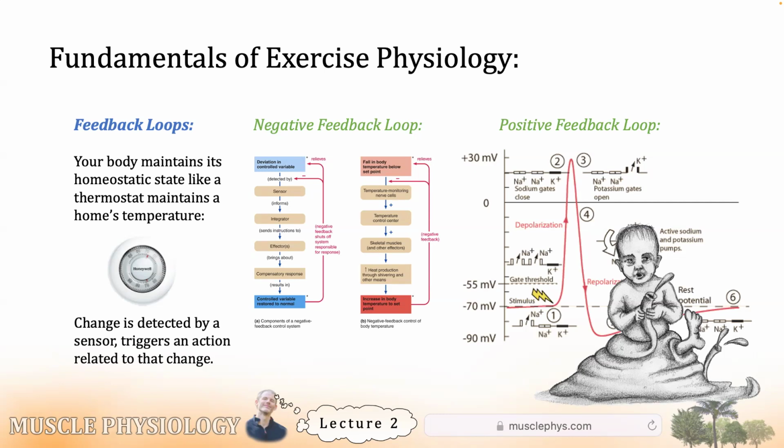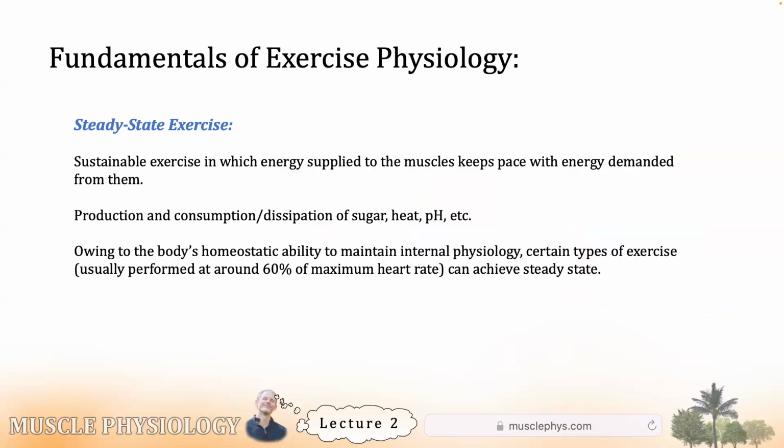And action potentials aren't really a positive feedback loop because there isn't a receptor that's detecting the stimulus and an effector that's amplifying the effect, but it behaves in a similar way in that a small stimulus, a little influx of sodium, results in a huge influx of sodium, a huge depolarization. And so that's a good image to illustrate what a positive feedback loop is, how it behaves. It's just not a proper loop.